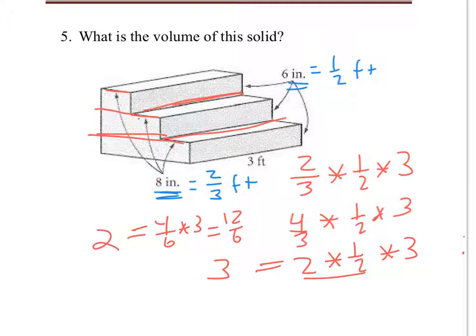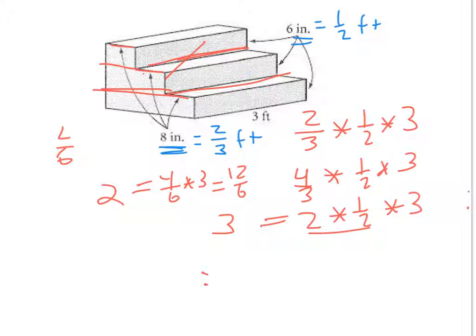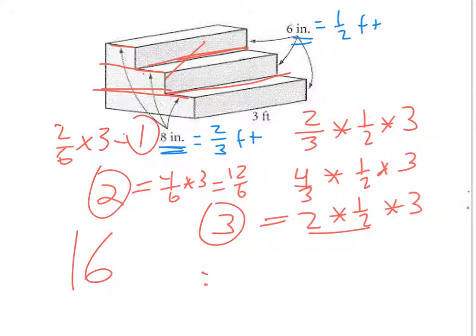So this is 2/6 times 3, which equals 1. So we add these together, we have a 1, a 2, and a 3, so we get 6 altogether.